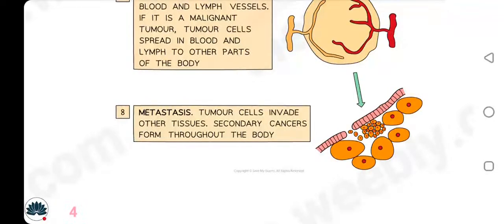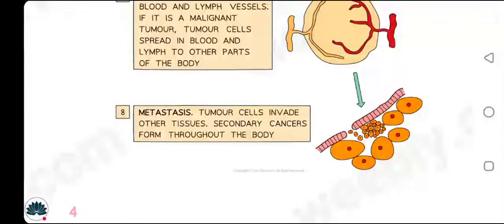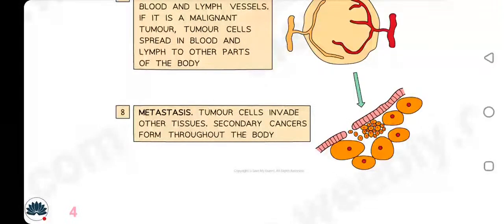At the stage of metastasis, when the cancer completely attacks and invades the tissues or the organ and starts damaging a particular organ, this stage is called metastasis, and at metastasis a person gets to know that he is having cancer.